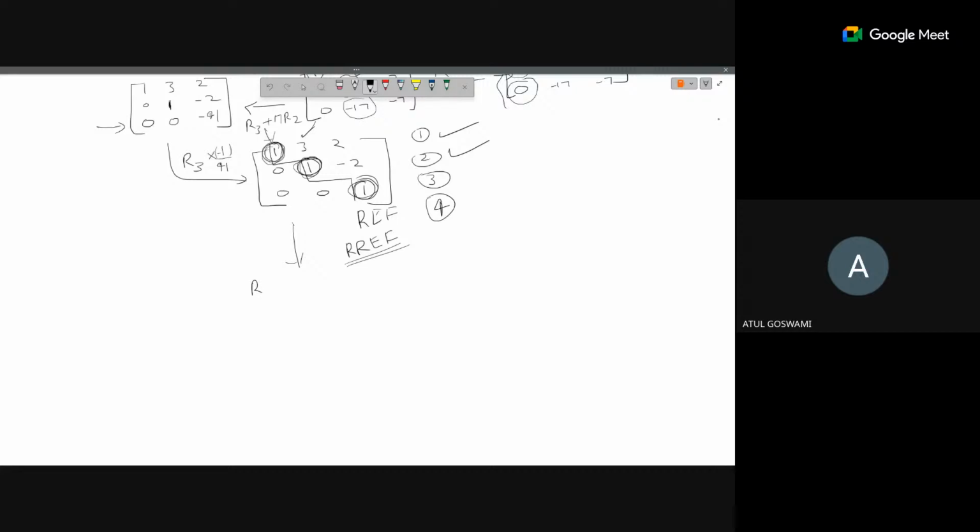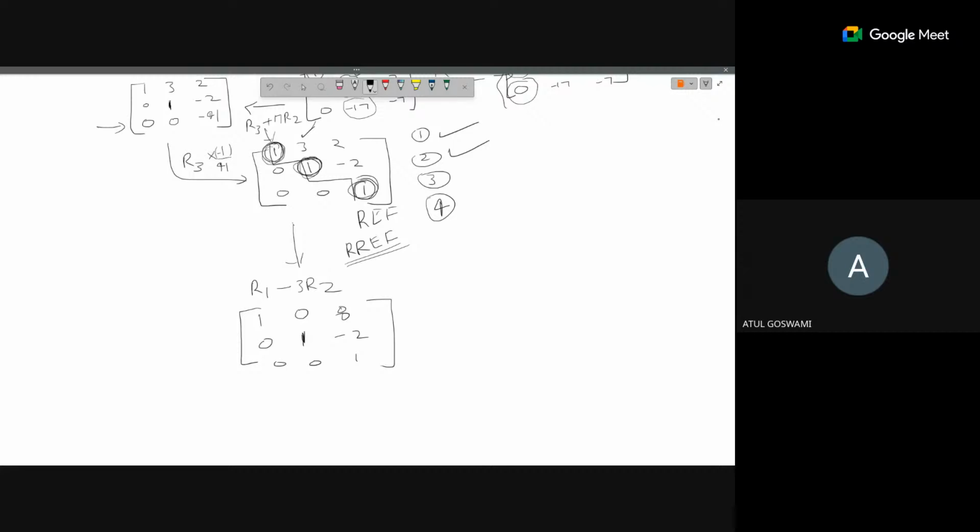We change row one, and we subtract 3 times row 2. Then this is 1, this is 0, and basically 8, right? And 0, 1, -2, 0, 0, 1. Now, except the leading entry, all the entries are 0.